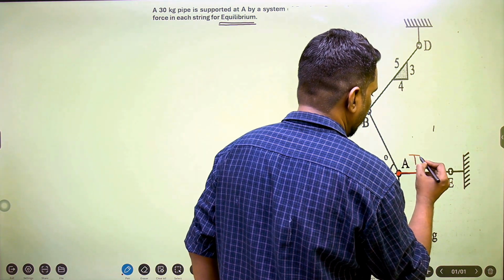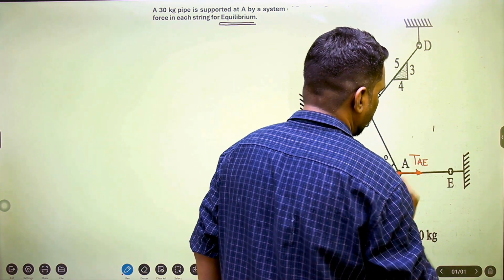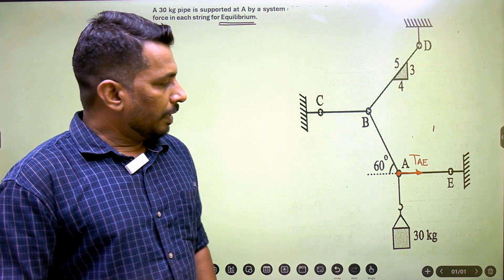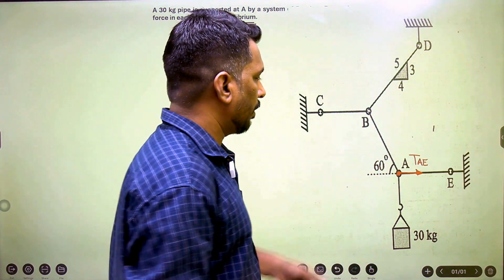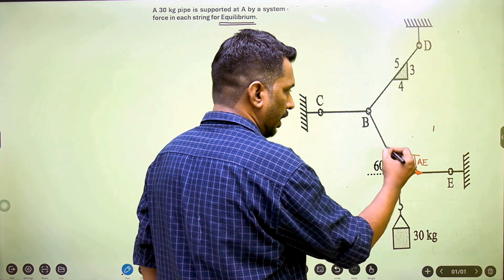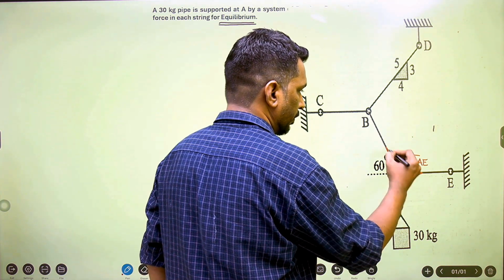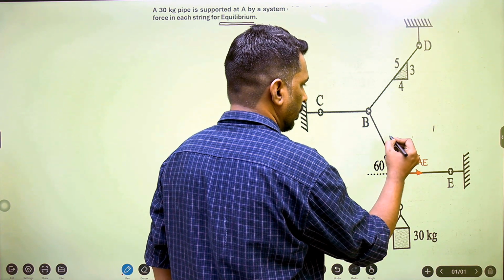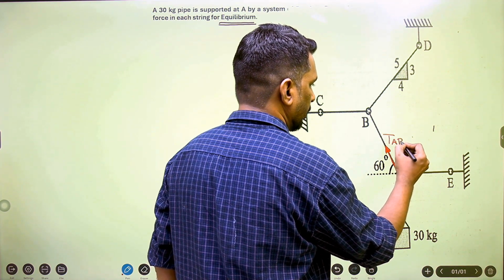So this is tension AE. Then if I consider cable AB, the tension in AB, considering point A, is away from A. So this is tension AB.